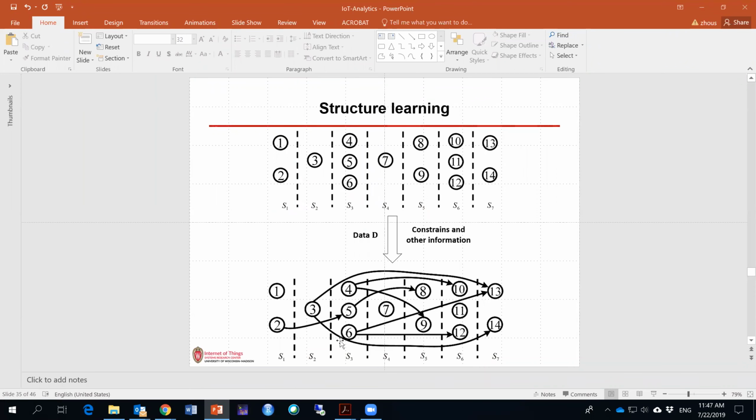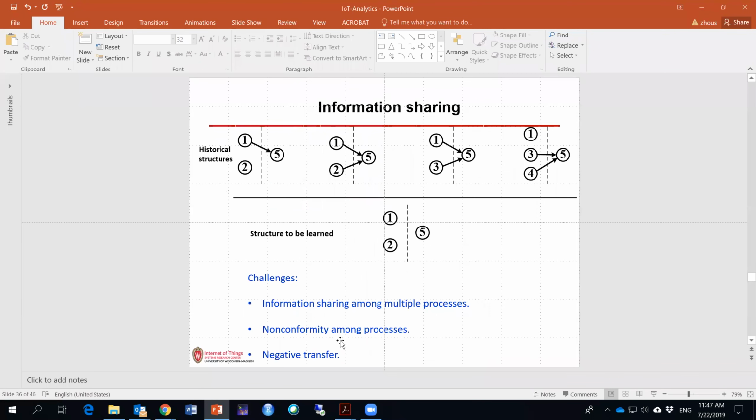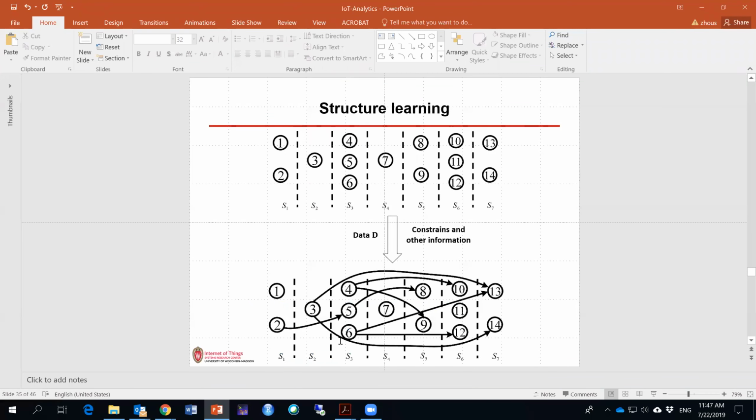And particularly, we want to learn a graphical structure called the ordered block model. The ordered block model is a special case of a graphical model. Essentially, we can put the nodes in the graph into different stages, and the influence, or the edge, between the nodes can only point from the previous stage to the following stage, like this one.